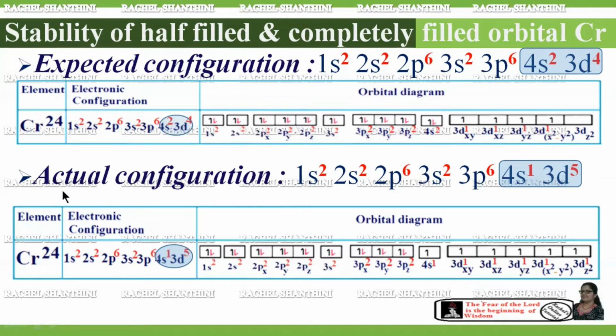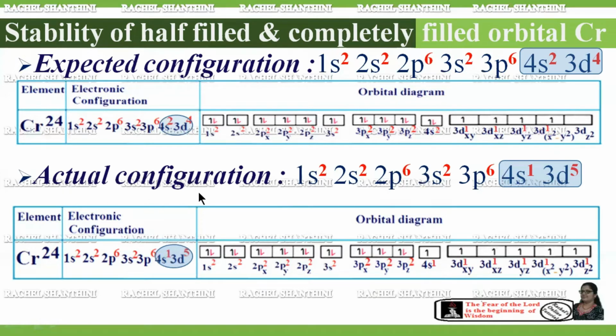At the same time, if you look at the actual configuration of chromium, we have 1 electron in the 4s orbital and 5 electrons in the 3d orbital. In this case, 1 electron from the 4s orbital has shifted to the 3d orbital.